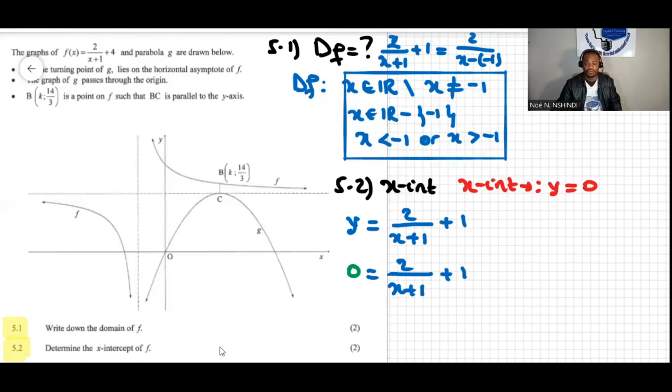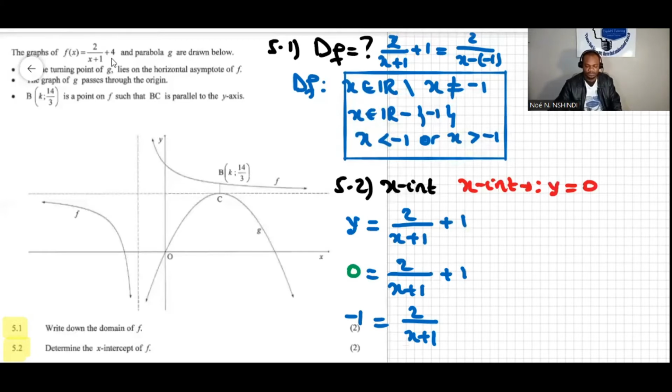So if I move the 1 over, this will become -1 equal to 2 over x plus 1. Now, excuse me, I was writing 1, but instead of writing 4, it's 4 here.